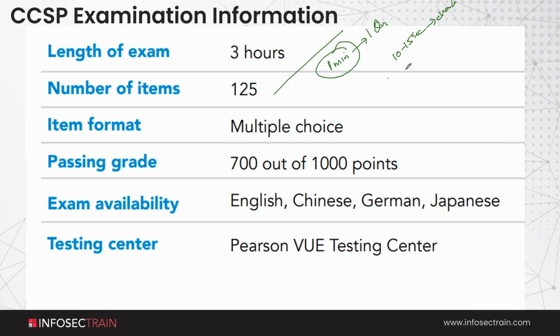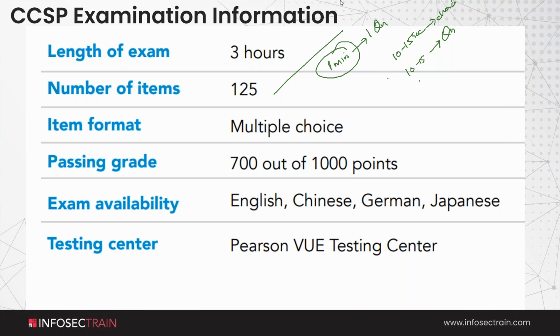Then for the next 10 seconds, read the entire question quickly. Again, do it one more time very slowly. In every question, you will have distractors and keywords. Try to find the keywords in the question and go to the best answer. Okay, that is what you have to follow.